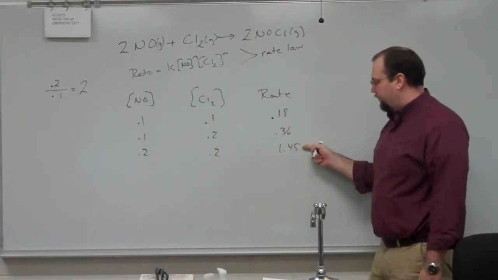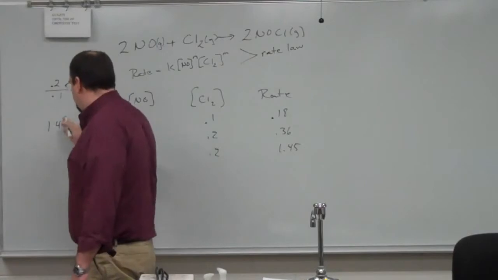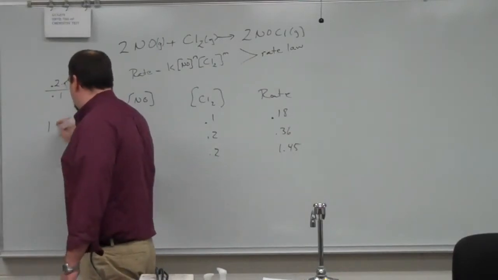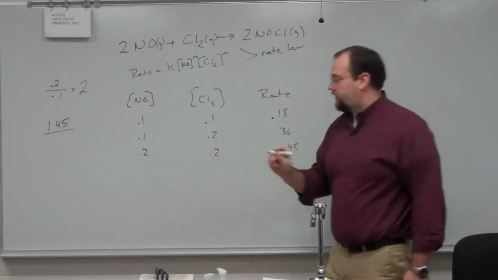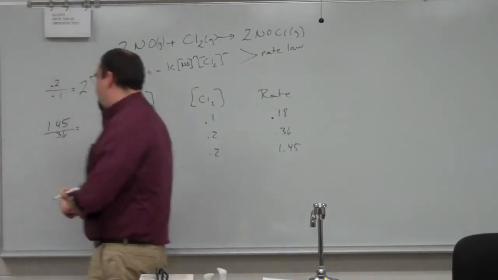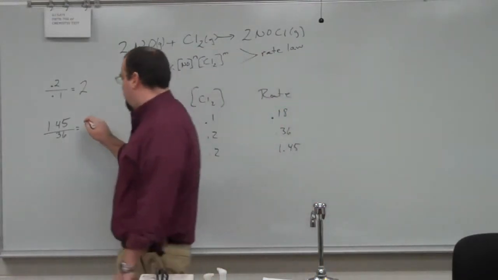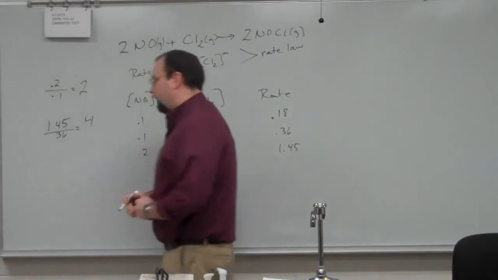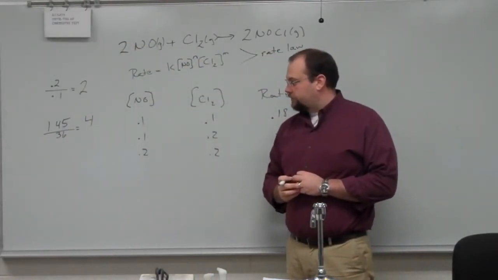The rate in trial 3 was 1.45, and the rate in trial 2 was 0.36. If I divide those two numbers, I'm going to see that that's pretty much a quadrupling of the rate.